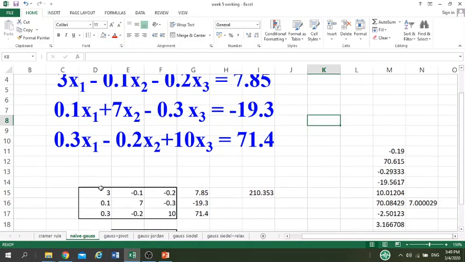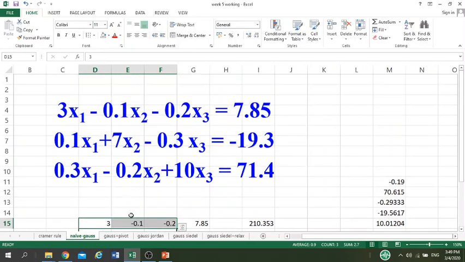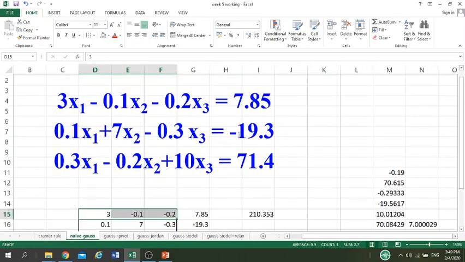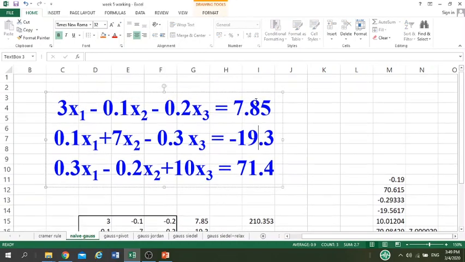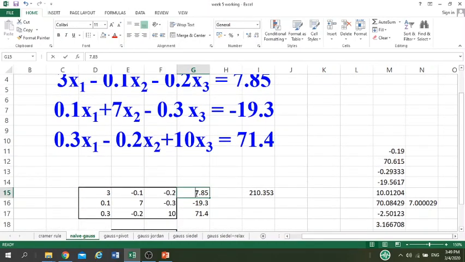So we create this matrix, where each number represents the coefficient of each unknown in each equation. For example, in the first row, we have 3 that belongs to x1, minus 0.1 belongs to x2, and minus 0.2 belongs to x3. Then the answer of each equation is in this column: 7.85, minus 19.3, and 71.4.